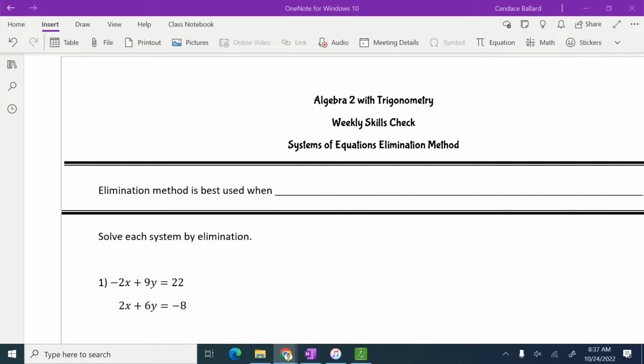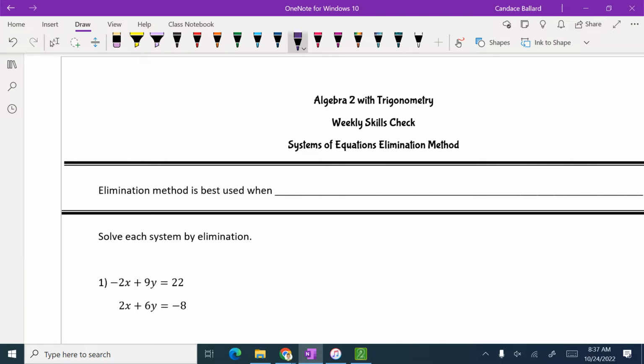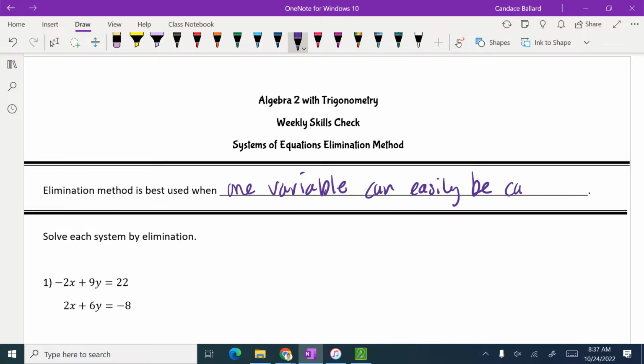Elimination, all right, is another method to solving a system of equations. It's best used when one of the pairs of variables can easily be canceled.